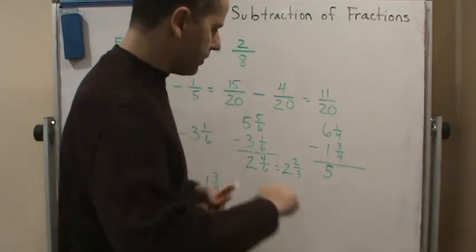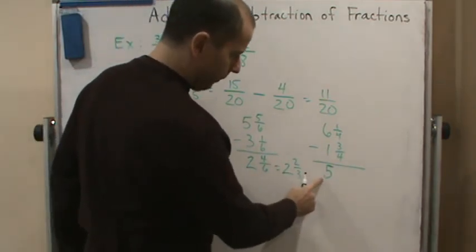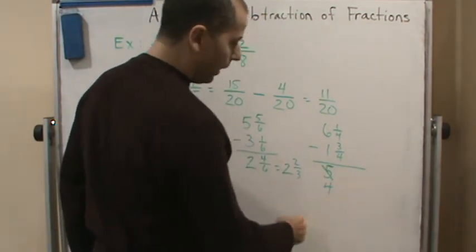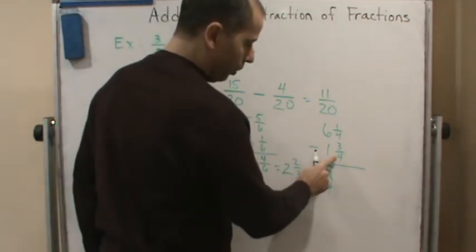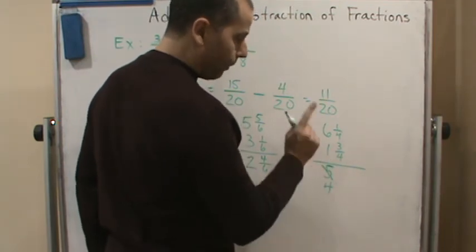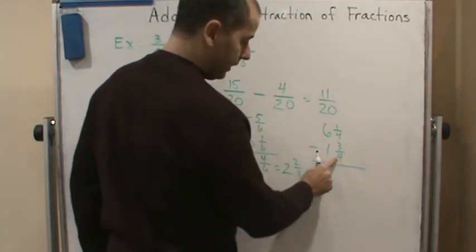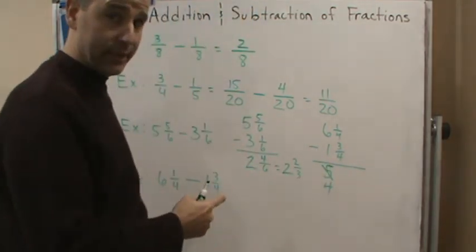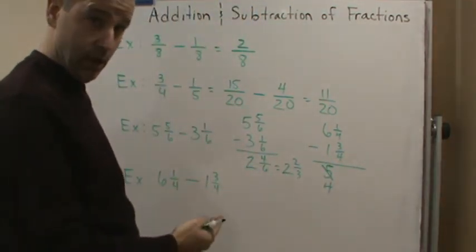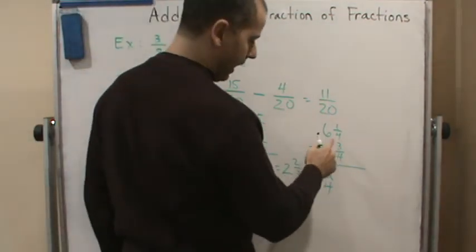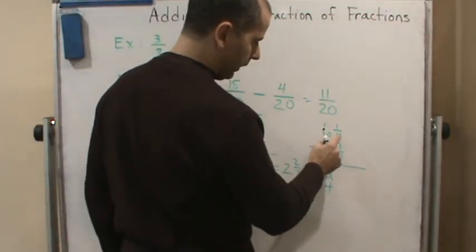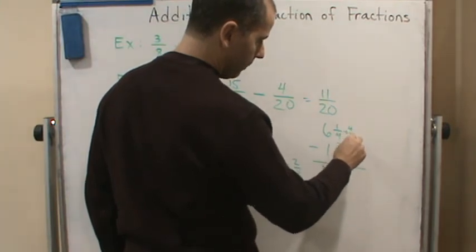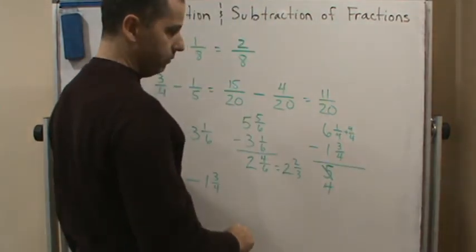So what I'm going to do is I'm going to borrow from here. So I'm going to take 1 from here. But what is 1? How I write 1 is based on the denominator. So what kind of fraction am I dealing with? These are fourths. So what I'm going to do is I'm going to add 1 over here. How do I add 1? By adding 4/4.